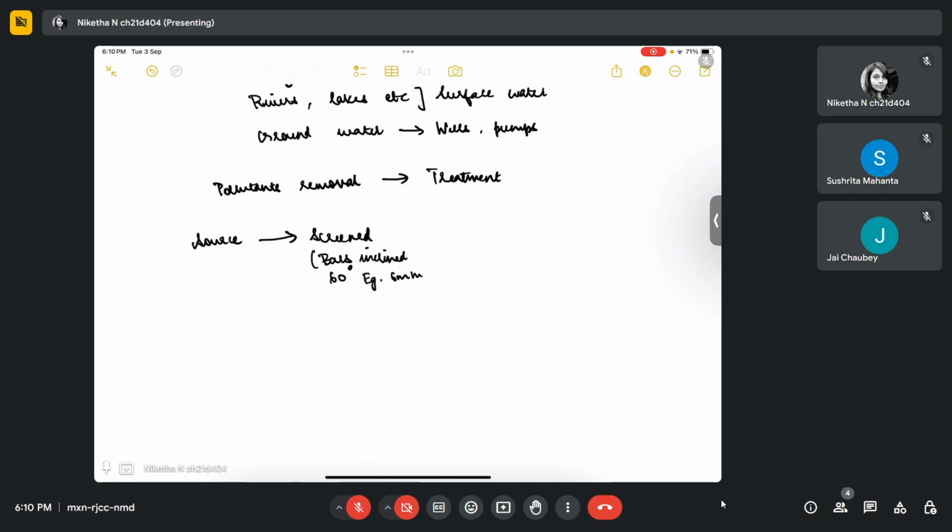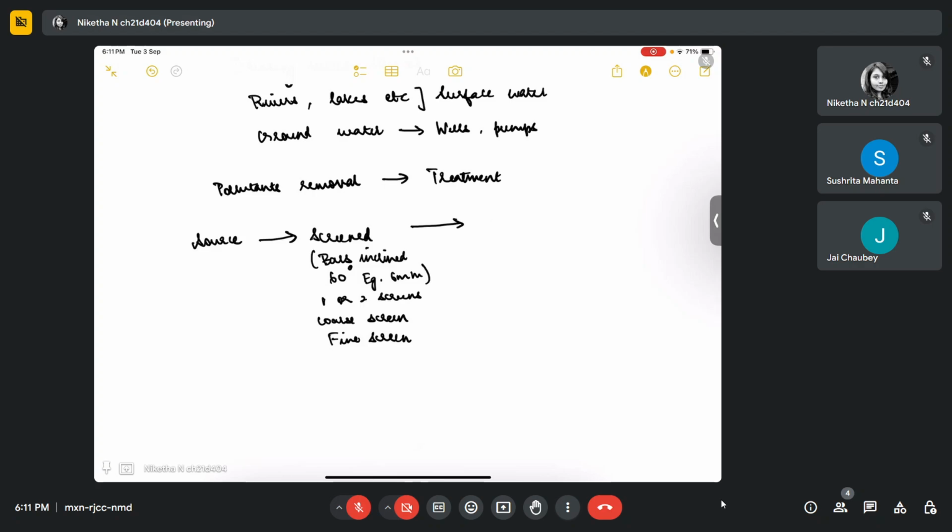It means that particles greater than 6 mm cannot flow through it. Like that, we can have maybe one or two screens. First we can have a coarse screen and then a fine screen. This is done to remove all the floating particles.